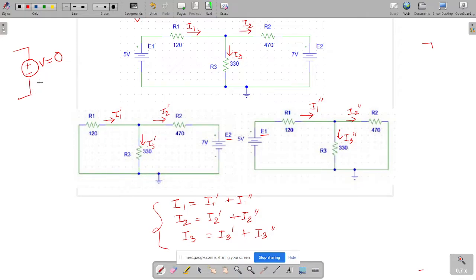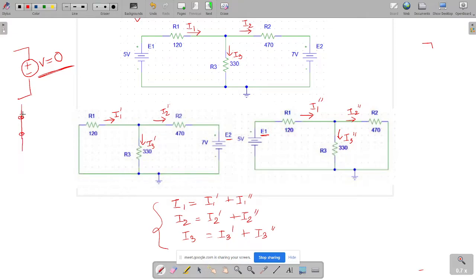Now, how do we represent this V equal to 0? There's a different way to represent when any component has 0 voltage. We represent it simply by replacing the component with a short circuit. Why did we replace it with a short circuit?